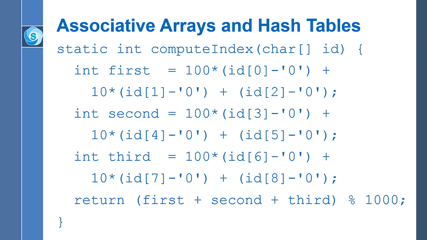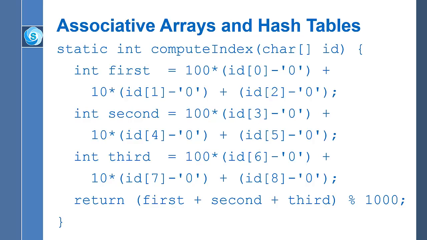I'm not sure how used to ASCII code you are, or Unicode, but this is how it works, right? The character 3 is not the same thing as the integer 3, but if you take the character 3 and you subtract the character 0, which is legit, you'll get the number 3, right?